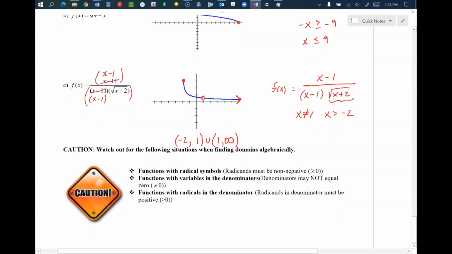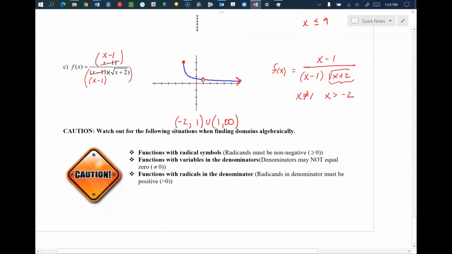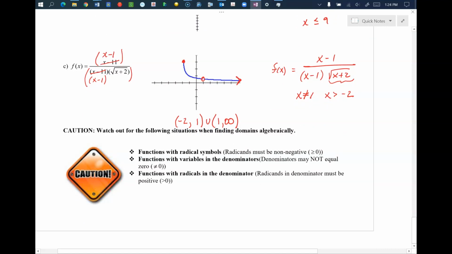So algebraically can be tricky, but sometimes it's actually easier than trying to figure it out by looking at the graph. So there's a few things you have to watch out for. If there's a radical, whatever you're taking the square root of needs to be greater than or equal to 0. If that radical is in the denominator, then you need to be taking the square root of a positive number.